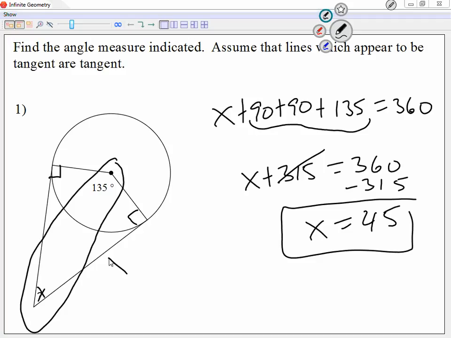So if you were to go x plus 135 equals 180, that'll be correct as well. Once again, I showed you the long way first because I wanted you to see where the numbers came from. But since the whole thing adds up to 360, and the two side angles are already 180, the remaining top and bottom obviously has to be 180.